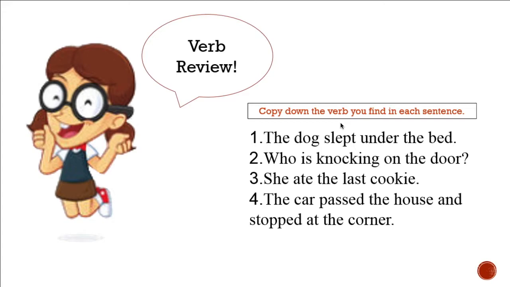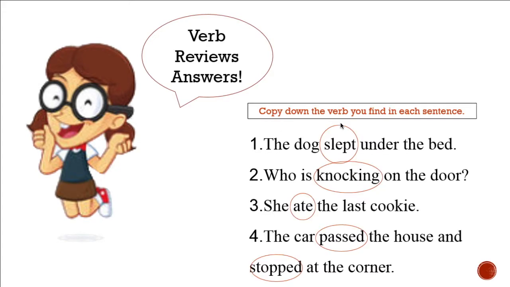In this exercise, copy down the verb you find in each sentence. The answers will be presented next so you can review. Go on ahead and pause the video so you can do the exercise. Here are the answers. Make sure you make your corrections in a different color ink so you can use this to review later.